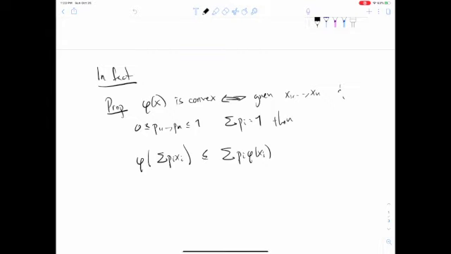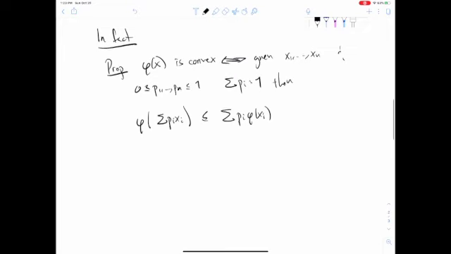So in the case where n equals 2, this is the original definition of convexity, but this is with n endpoints. So let's just prove this.